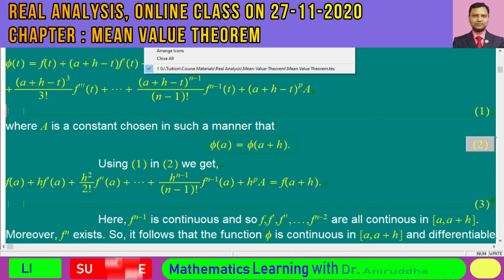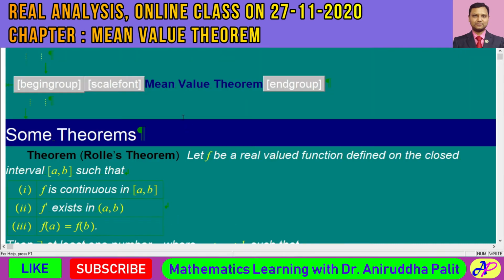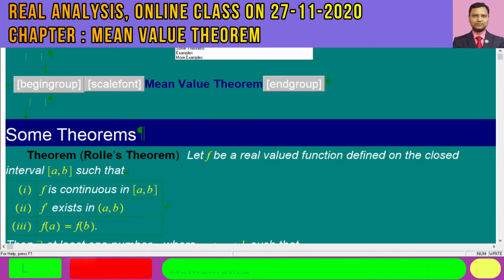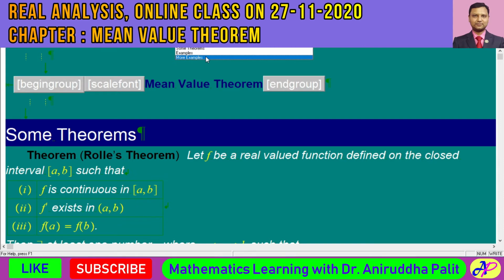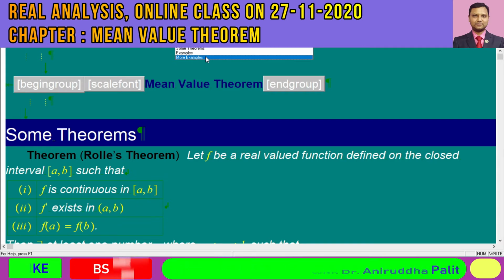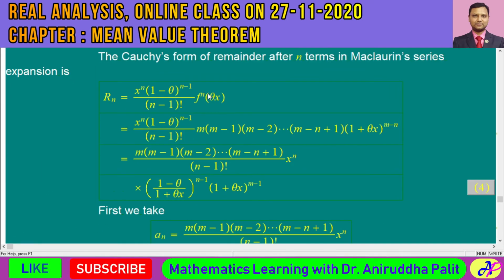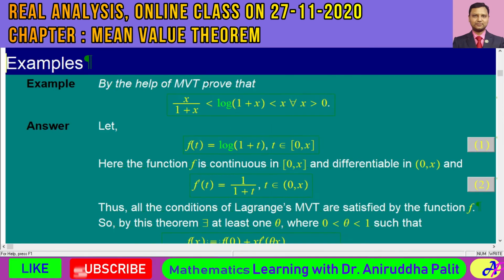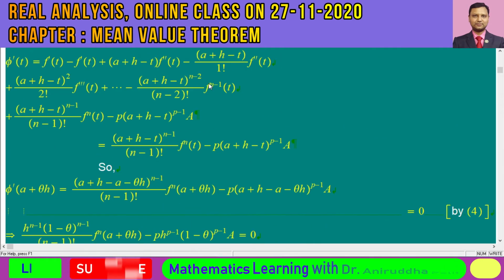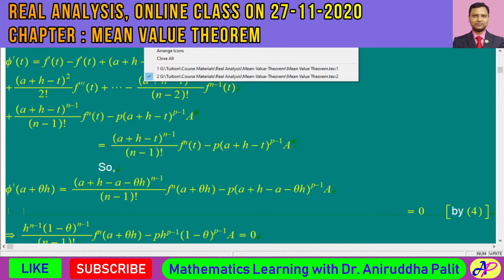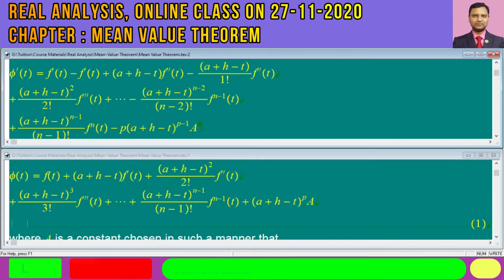In order to show it, let me first split the screen, tile horizontally. Okay.